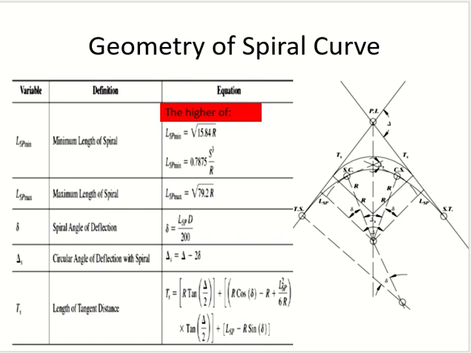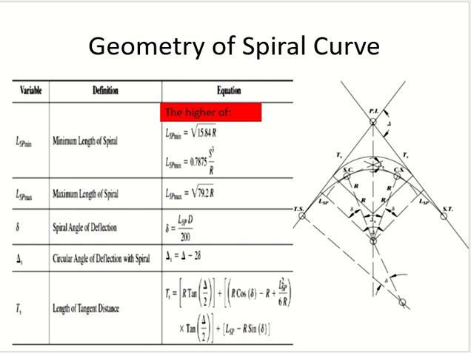Length: you have to pick a length now. This will not give you a single value, it will give you a range, and you have to pick a value. With the value you picked and the degree of the curve, this will give you the angle of the spiral. Then we have the angle of the circular curve: total angle minus first spiral minus second spiral.